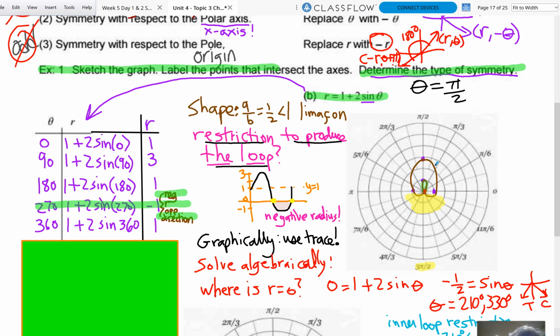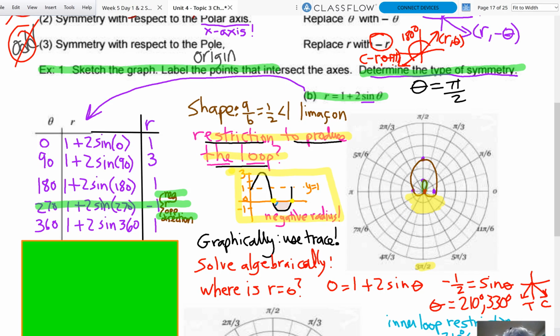So let's talk about the restrictions that produce that little inner loop. And I'm reminding you that this is what the equation looked like in normal Cartesian coordinates. Between these yellow dots I have on this XY graph, that's where you have your inner loop. So if you were doing this on a calculator, you could do a line y equals 0.